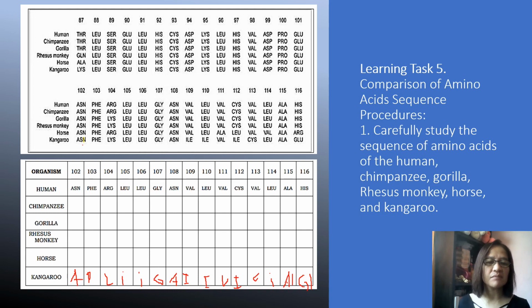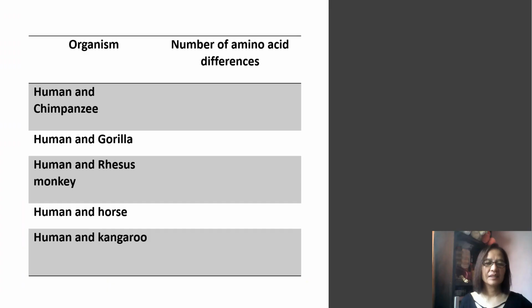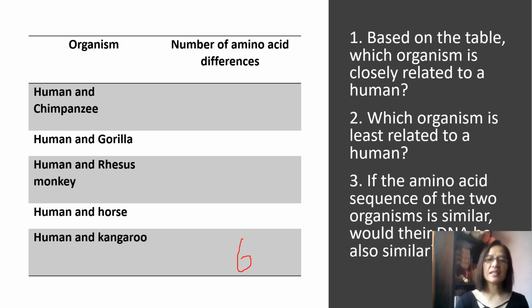After nating bilangin ngayon yan, ilalagay ngayon natin sa table na to yung number of amino acid differences ni human and kangaroo, which is 6. And then, sasagutan na yung ating guide question.